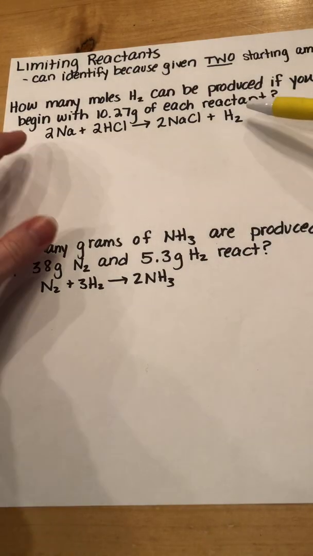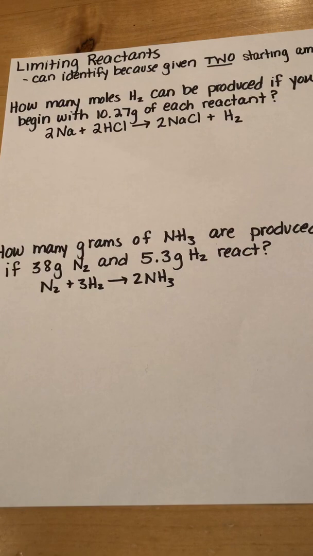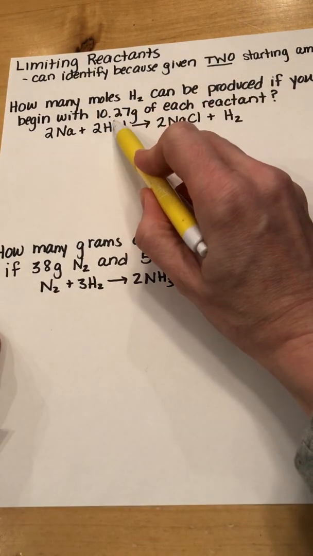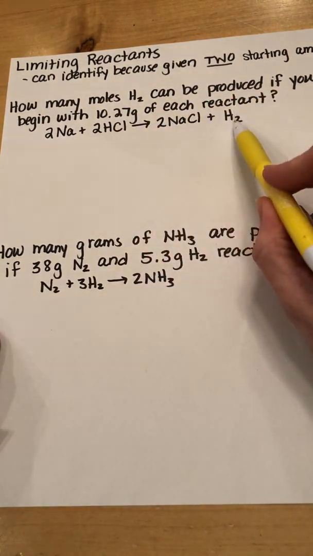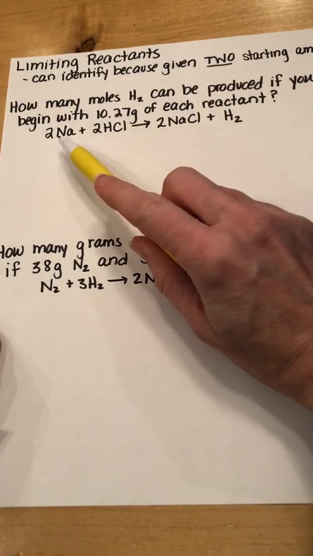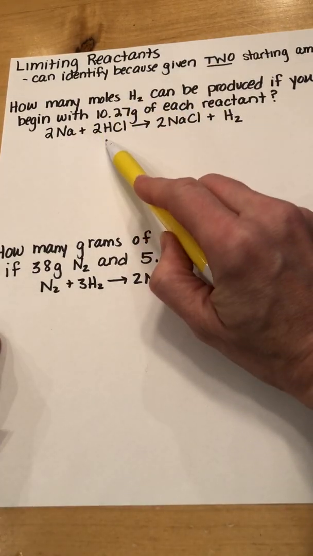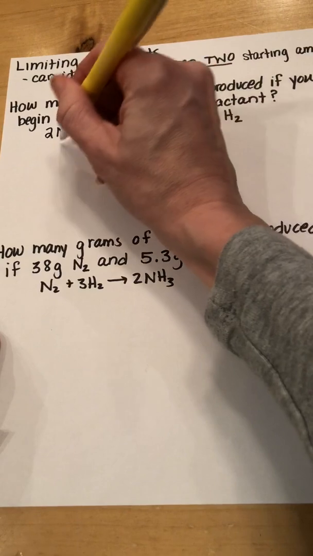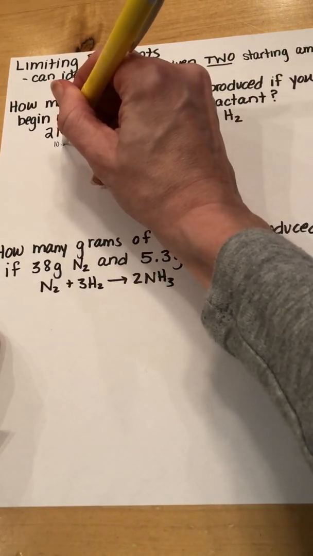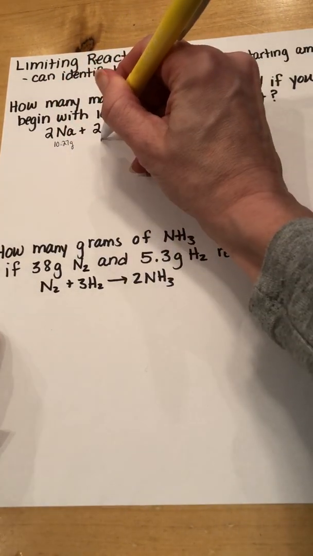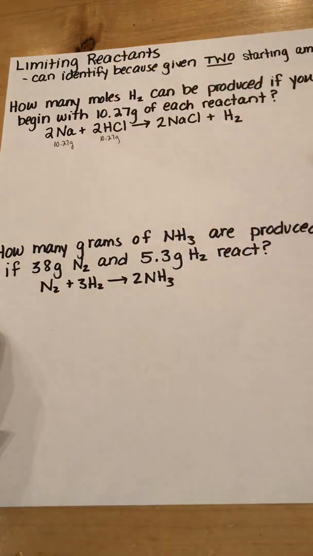You're going to be given an equation and then you are going to be given an amount of each reactant that's present. So in this one, I'm told that I'm starting with 10.27 grams of each reactant. So that means 10.27 grams of the sodium, 10.27 grams of the HCl. So I'll just put a little note here. That's how much we're starting with each of them.